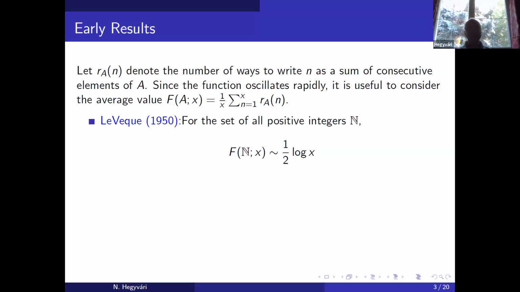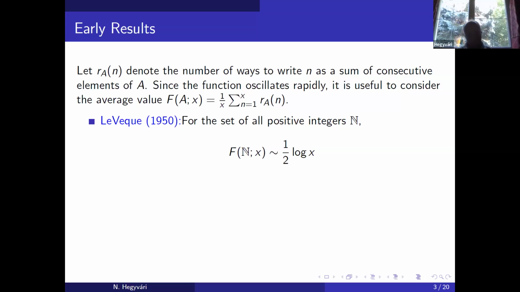I denote by R_A(n) the number of ways that I can write n as a sum of consecutive elements of A. The individual R(n) is not a simple task, but the average is reasonable and a little bit easier to calculate.